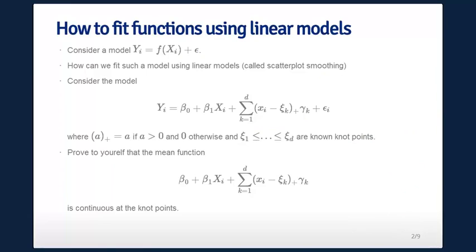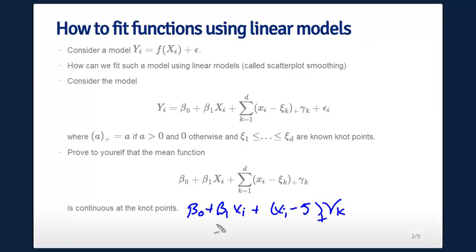And then you can prove to yourself that this function is continuous at the knot points. What do I mean by that? Let's assume a knot point is 5. To prove it to yourself, just do beta naught plus beta 1 x_i plus (x_i minus 5) plus times gamma k.